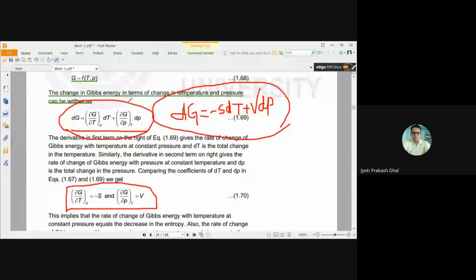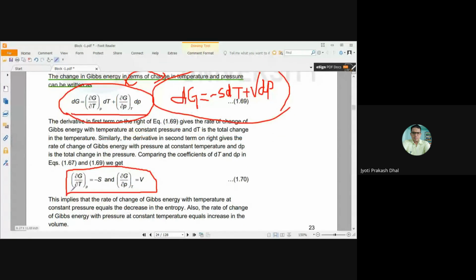Now if we compare both equations, we can write del G by del T at constant pressure equals minus S, and del G by del P at constant temperature equals nothing but volume.